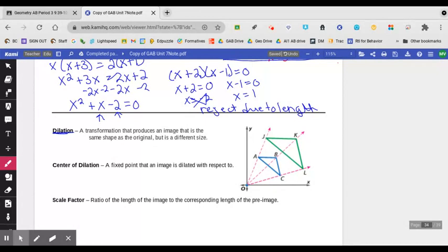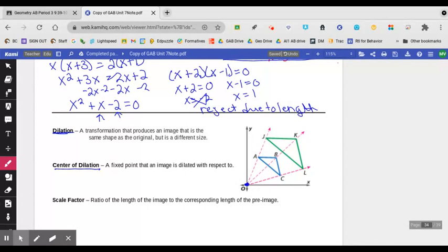Whenever we're talking about a dilation, we have to have a center of dilation. It's the fixed point that an image is dilated about. So if we look at our example over here, it's kind of like when you do perspective drawing. Our center of the dilation is O, and then we made the green triangle by enlarging the blue triangle.